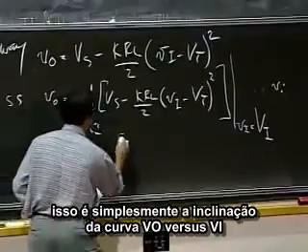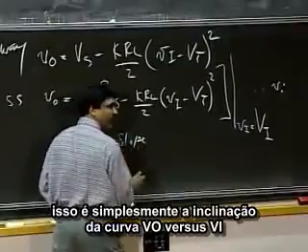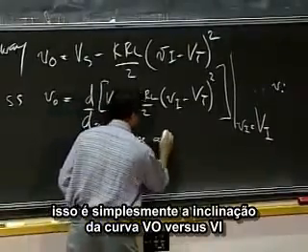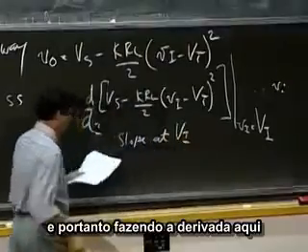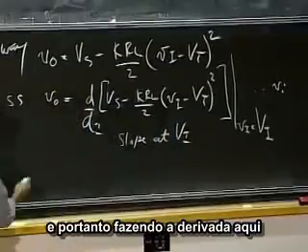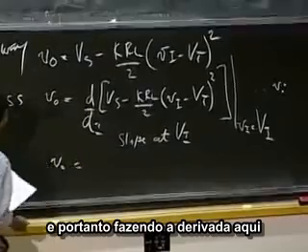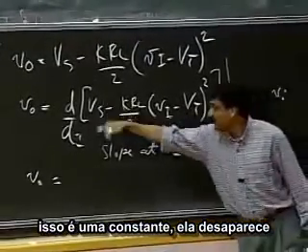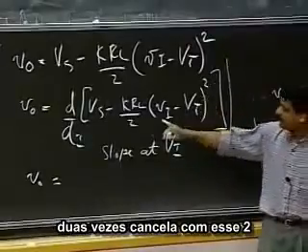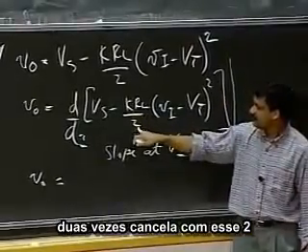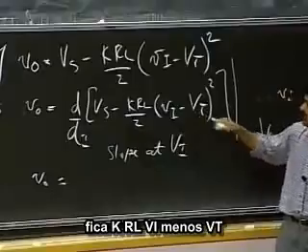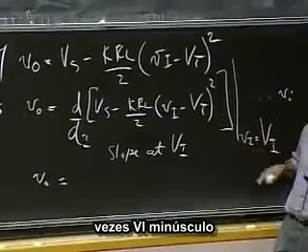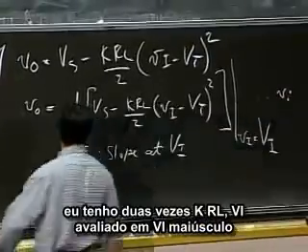So this is simply the slope of the Vo versus Vi curve at capital Vi. And so, taking the derivative here, this is a constant, so it vanishes. But twice, the 2 and 2 cancel out. So I get K RL times Vi minus Vt times small vi, evaluated at capital Vi.